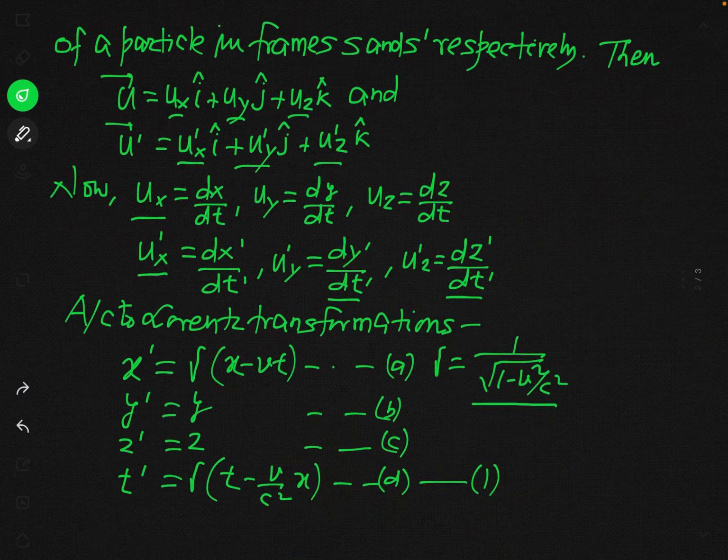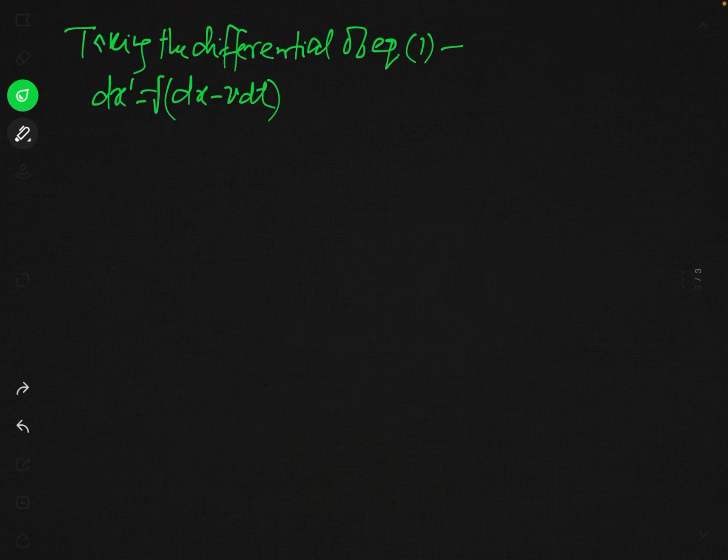So dx prime is equal to gamma times (dx minus v dt), dy prime is equal to dy, and dz prime is equal to dz.